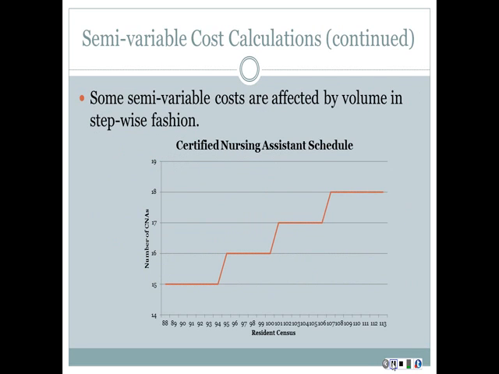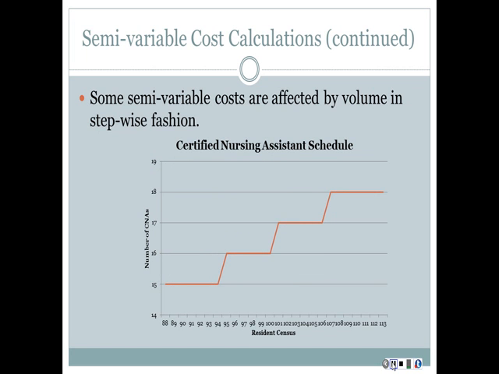Semi-variable costs also can be affected by volume in a stepwise fashion. In a nursing home that I was administrator at, we had 15 nursing assistants that took care of the residents on the day shift. But when we had more than 94 residents, when we bumped up to 95 residents, it was very difficult for those folks to do a good job caring for that many residents.